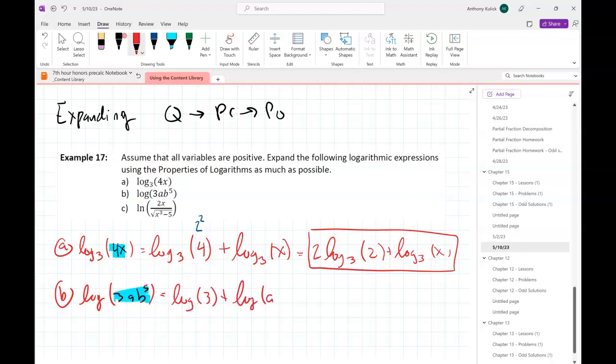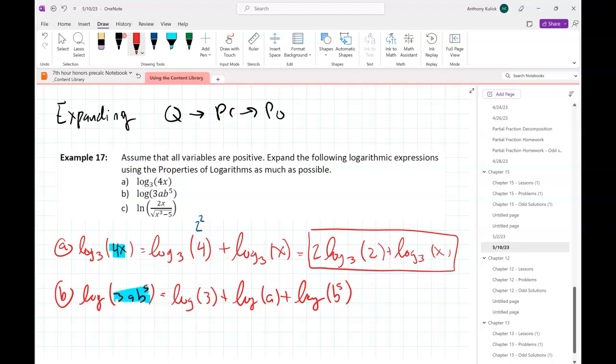So when I do my product property, I can do both of them at the same time. That's fine. Now if I go and I look at quotients, log 3, log A, log B to the 5th, none of those are quotients. If I look at products, none of those are products.